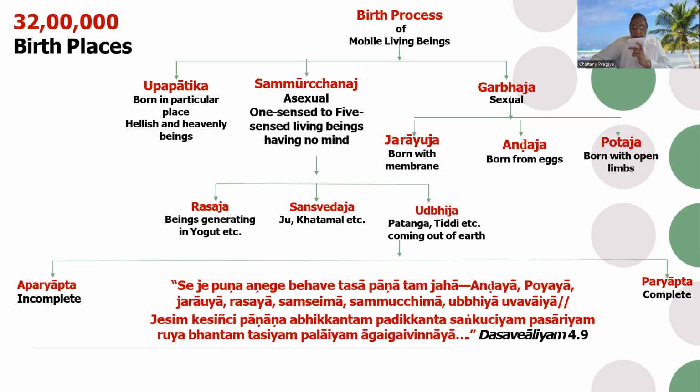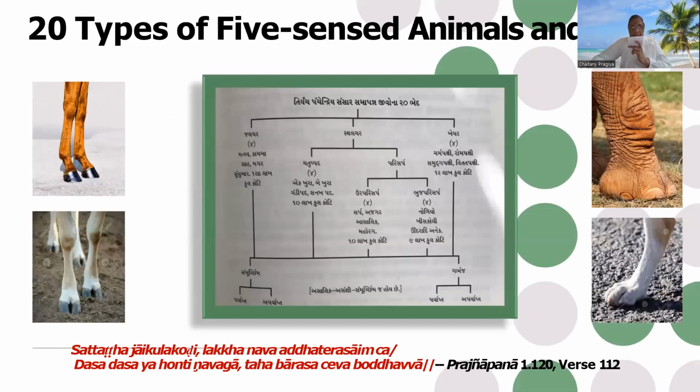So they are also recognized as Samurchim. So these are all different types of asexual living beings, and all these living beings are categorized in both ways: Aparyapt, incomplete, and Paryapt, complete.